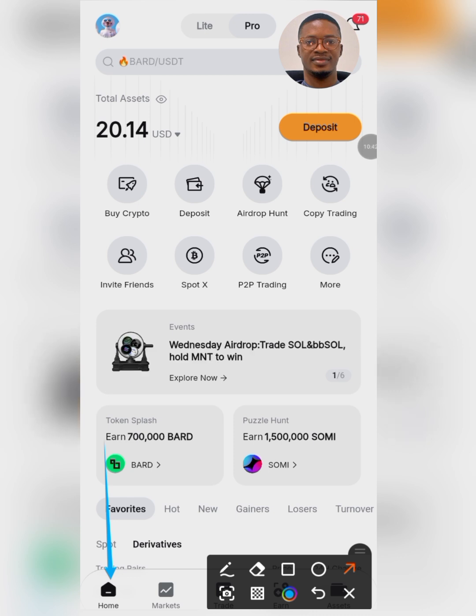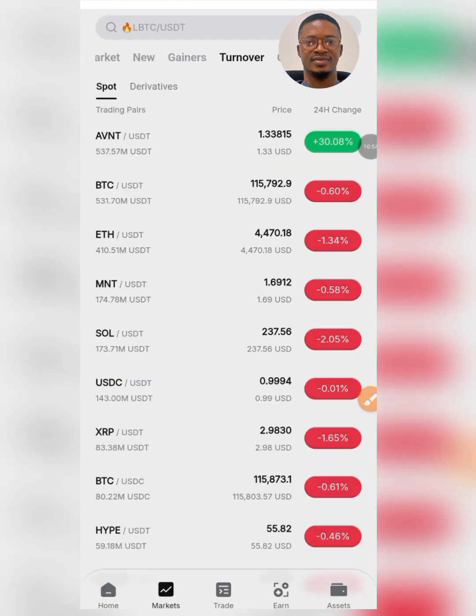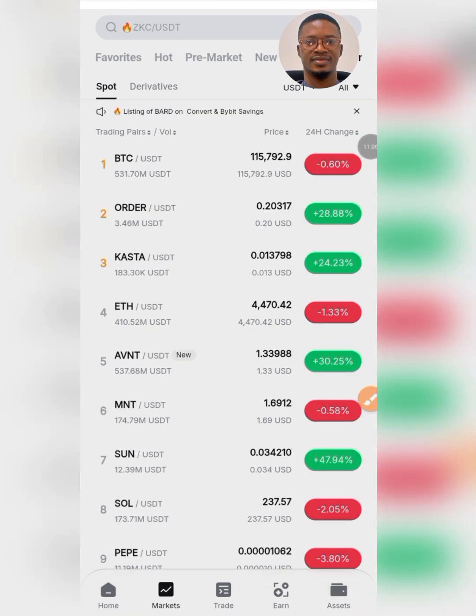The next one is your market. Click on it. Now in your market, this is where you see the different kinds of coins, different kinds of currencies, different coins on spot and on derivatives. You will see your favorite ones. You will see the hot ones, the ones that are hot currently in the market.